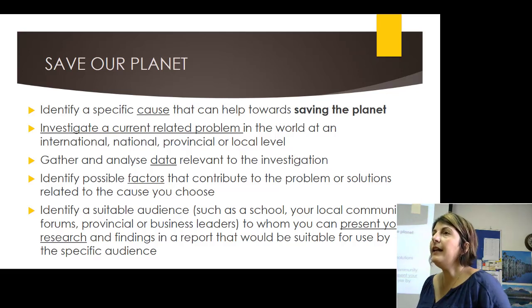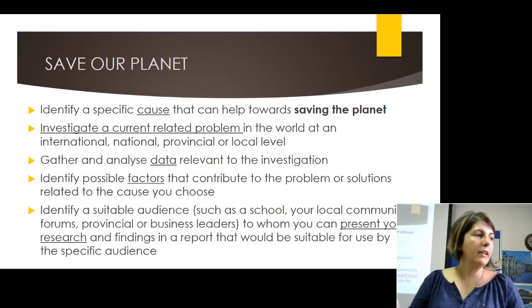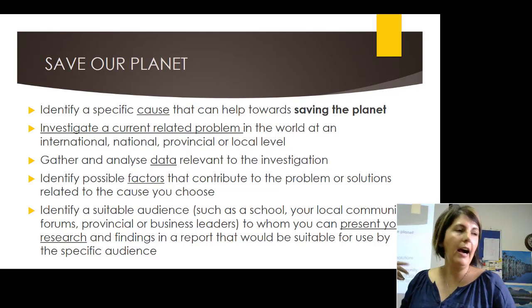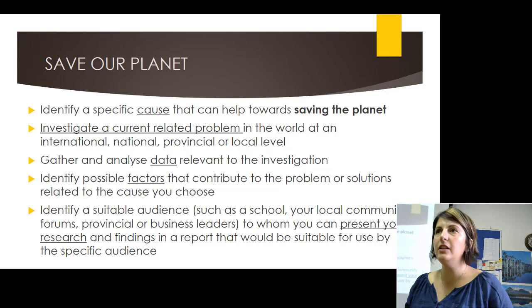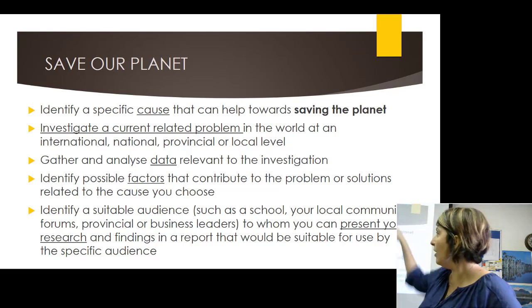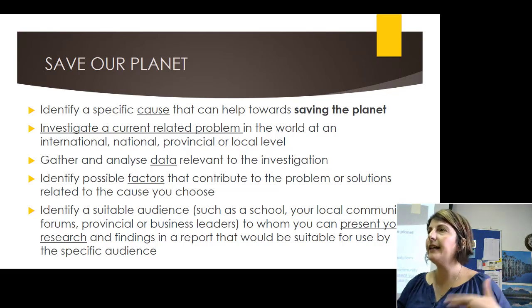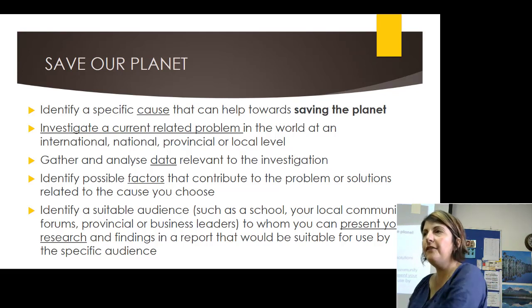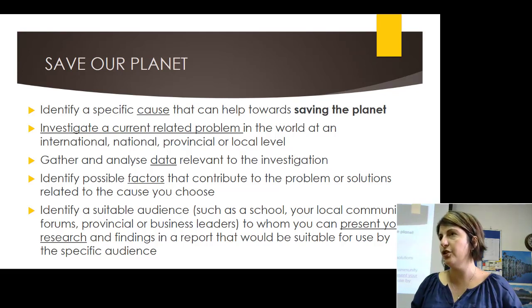The usual: investigate the problem, gather data, identify the factors that cause it or can solve it, and then present your research. So the topic is the same as in the past. Find your cause or find your threat, go do research, find data, come up with a solution.